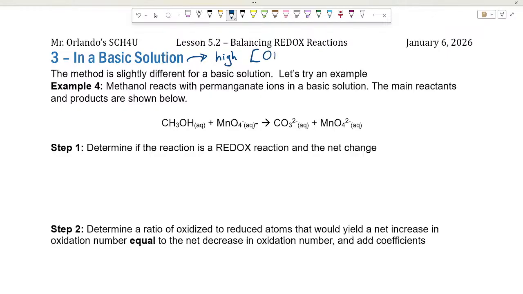OH, very good. OH minus ions. So, let's take a look. We're going to do a different one here. If it's in basic solution, the only thing you have to keep in mind is that in a basic solution, there's tons of OH minus ions around. And if there's tons of OH minus ions around, what will they react with?